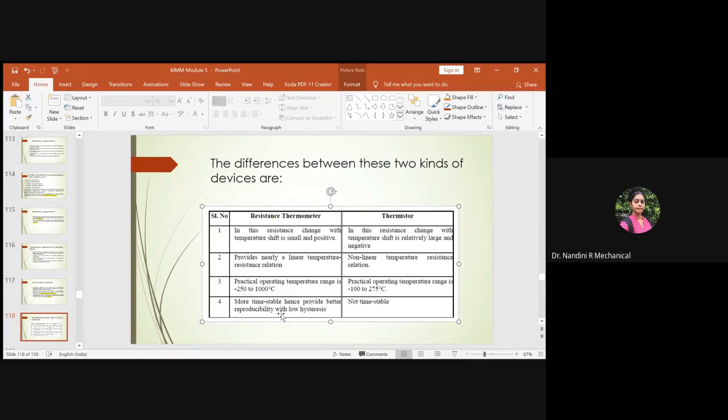As a result, the amount of hysteresis stored in the material will be low. But whereas in case of thermistor, it is not time stable, which means the stability will not be there. So this is the difference you have to understand between resistance thermometer and thermistor.